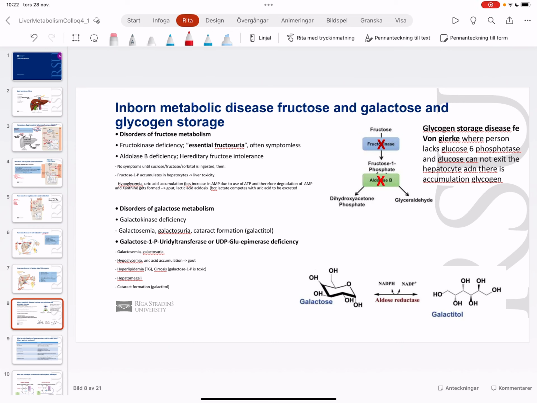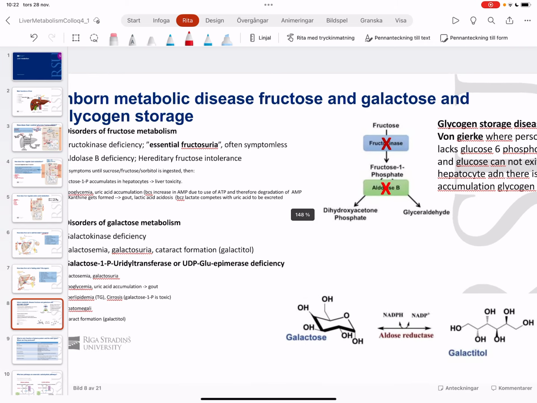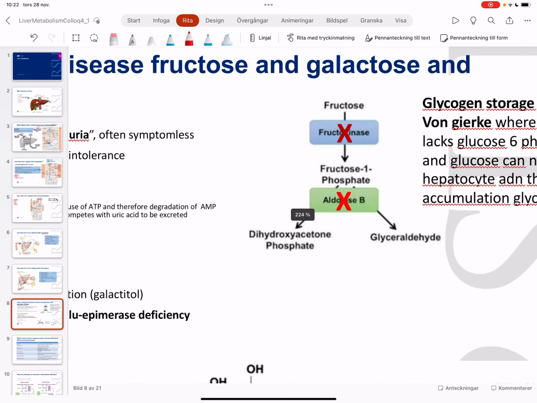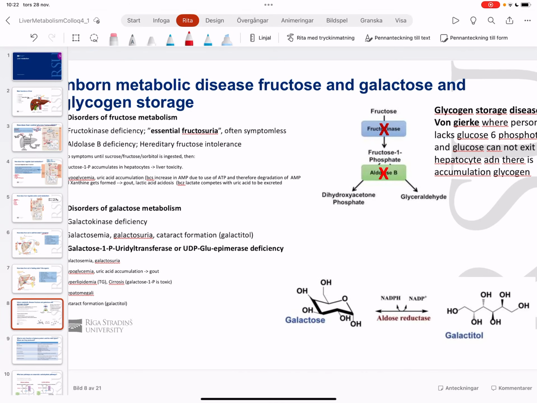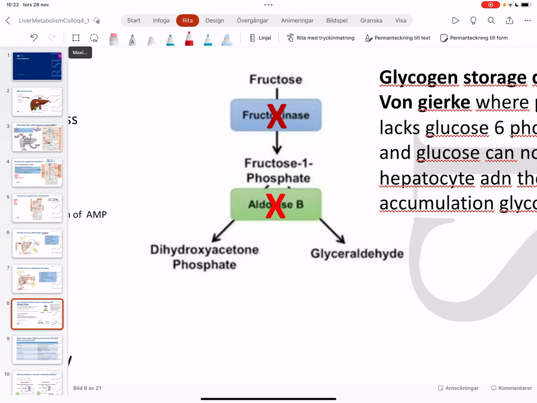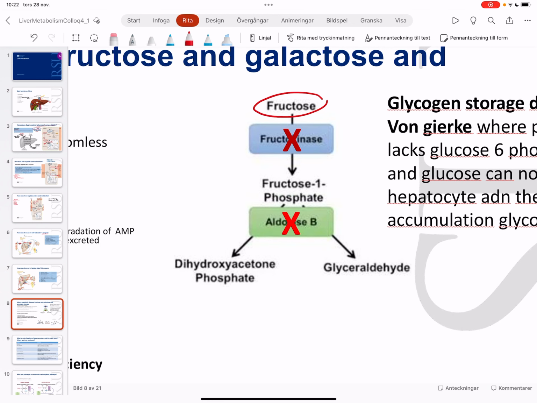But quickly, this is a repetition from the 3rd colloquium. Inborn metabolic diseases, fructose and galactose, and glycogen storage diseases. So the 2 fructose diseases that we have: when we have a deficiency in fructokinase, which is a disease that really is benign.